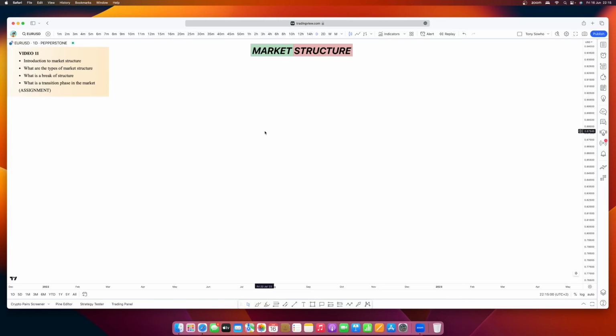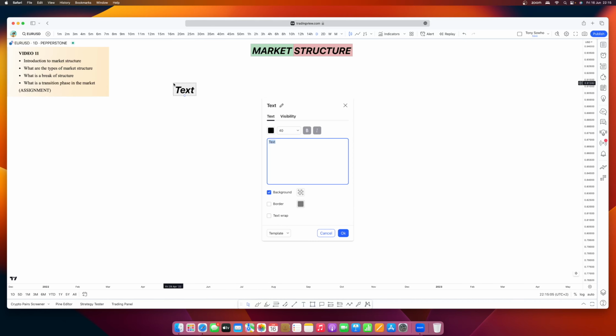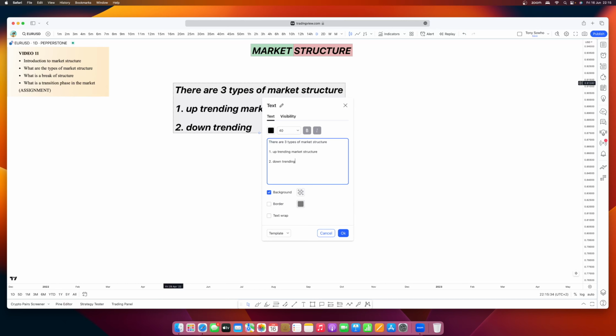And there are three in number. There are three types of market structure. Number one, we have the uptrending market. Number two, we have the downtrending market structure.